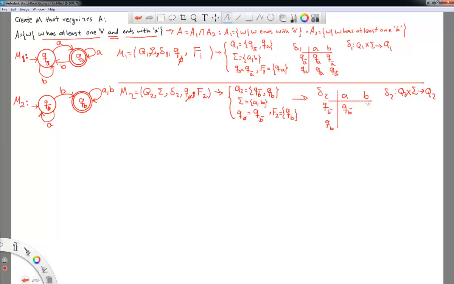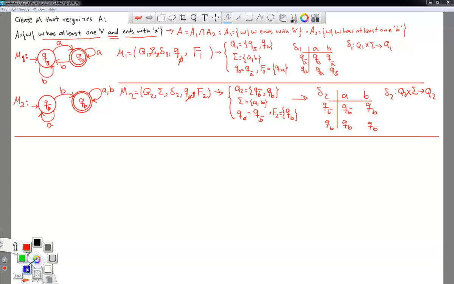If I see an A, I go to QB. If I see a B, if I'm in QB, I'm going to stay in QB regardless of A or B being the input. And this is my delta sub 2 for the second automaton.